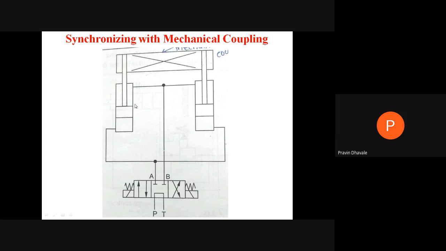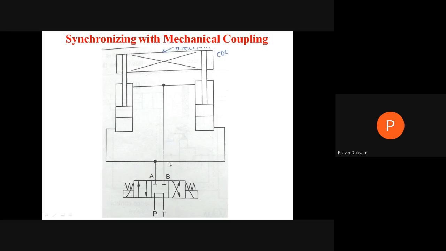Again, it consists of the 2 cylinders, cylinder 1, cylinder 2, and a mechanical coupling. This coupling will connect the piston rod of the first cylinder with the piston rod of the second cylinder. If you are considering this diagram, the port A is connected to the piston side of the first cylinder.